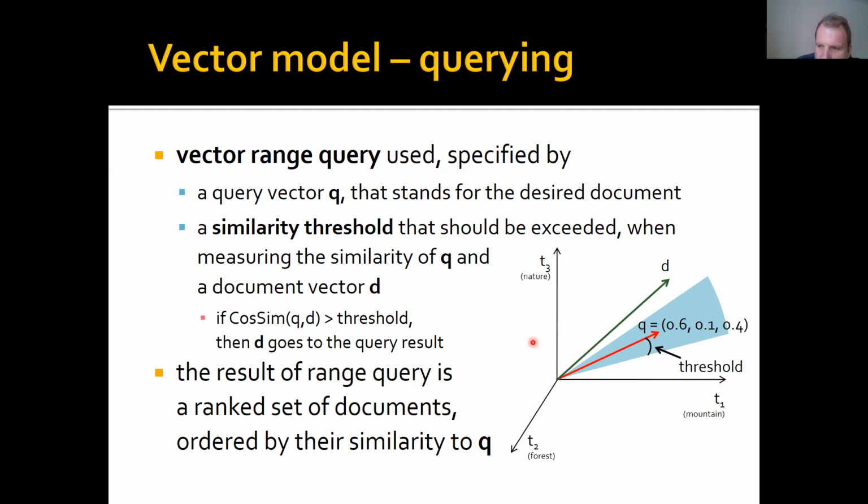For the KNN query, some heuristic must be employed that basically approximates the threshold, but otherwise it's the same. The result of a query, either range or KNN query, is a set of documents that is ranked, because we now have the distances, the similarities, so we can rank the result from the most similar to the query to the least similar. So this is a natural property of a vector model, providing a ranking to a query.